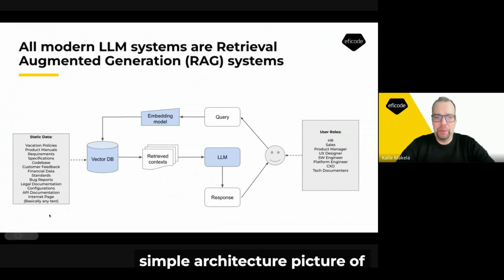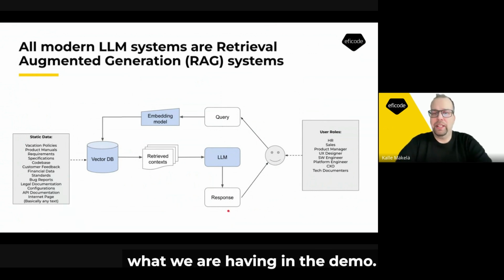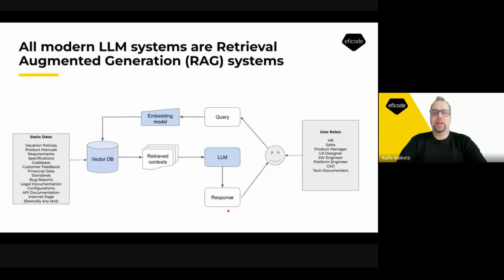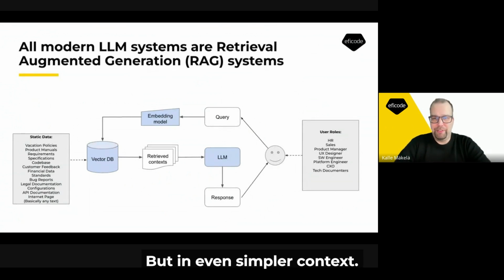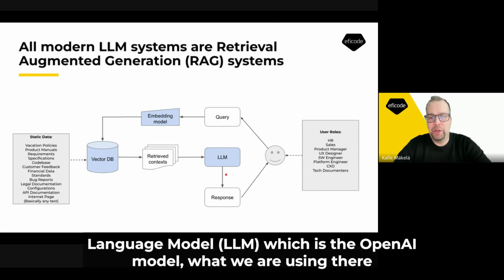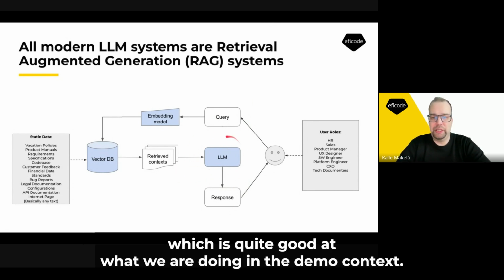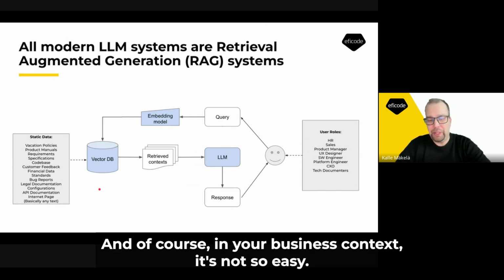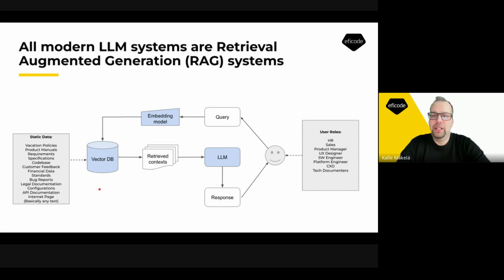This is a very simple architecture picture of what we have in the demo. In the background we have the large language model, which is an OpenAI model, quite good at what we are doing in the demo context. Of course, in your business context, it's not so easy.